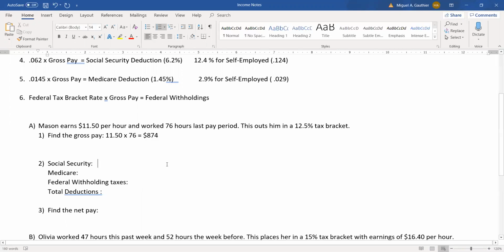So let's take that 874. That's just gross pay times 0.062. That gives us 54.188, which will round to $54.19 deductions. Okay. So Medicare we'll do 874 times 0.0145.